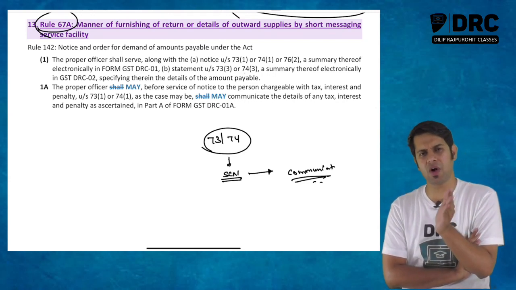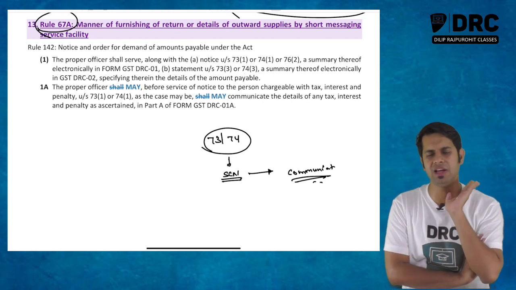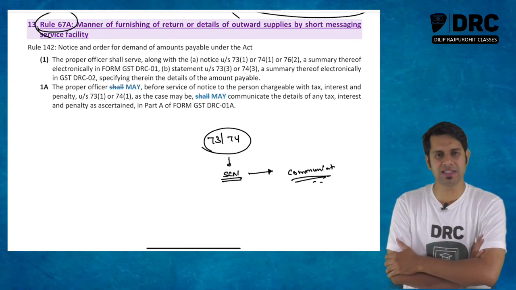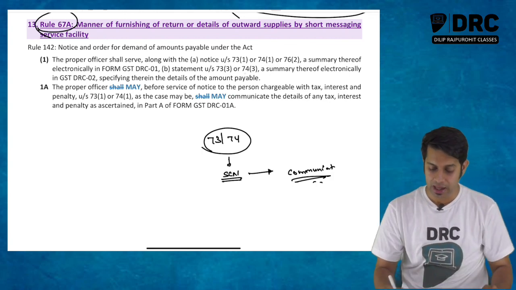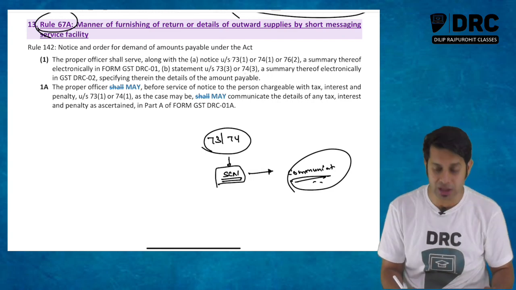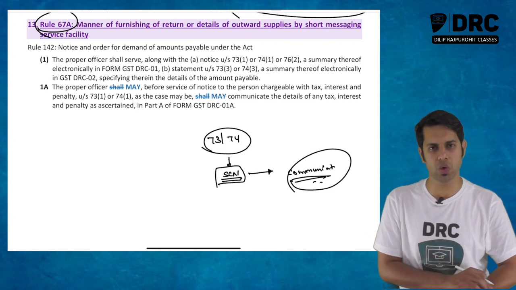You have not done a fraud, but you have done some mistake, I will give a notice under section 73, or a summary under section 73, 76, etc. In such cases, he wanted to communicate it to me before sending that show cause notice.